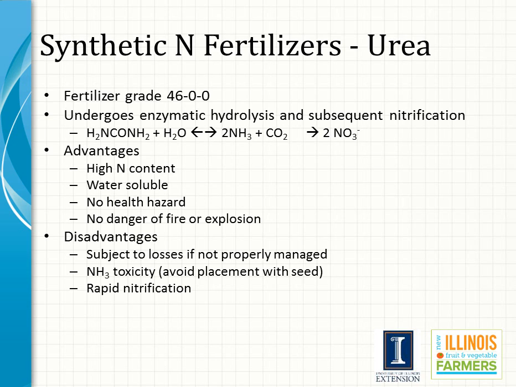Urea is one of the most popular synthetic nitrogen fertilizers for specialty crop culture. It is relatively high in nitrogen at 46% and poses little safety risk to those that use it. Proper post-application handling is essential so that nitrogen losses can be minimized. The easiest way to mitigate losses of applied urea is to incorporate the granules either mechanically or by watering in.